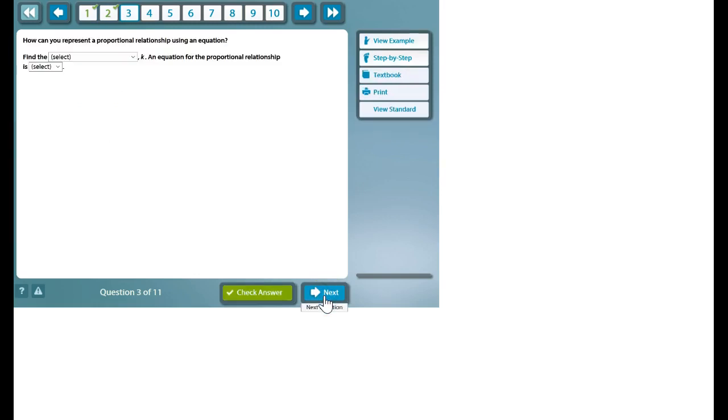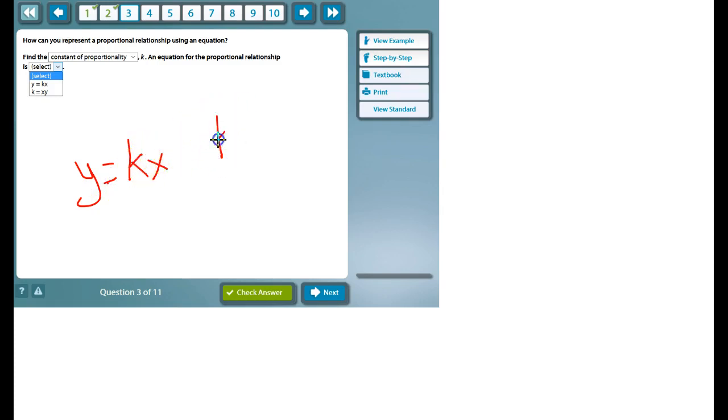Let's continue going through here. How can you represent the proportional relationship using an equation? Find the constant. Constant seems like it could start with a K, so constant goes with K. An equation for proportional relationship is y equals kx. So let me make sure I'm doing this correctly, because your two choices are y equals kx.